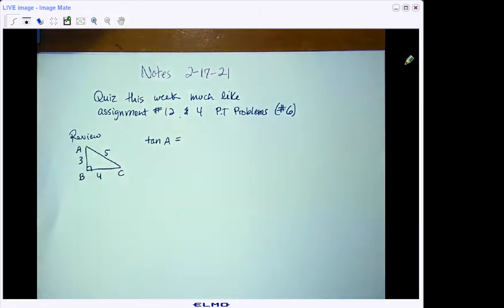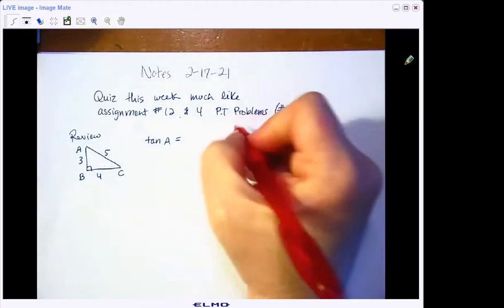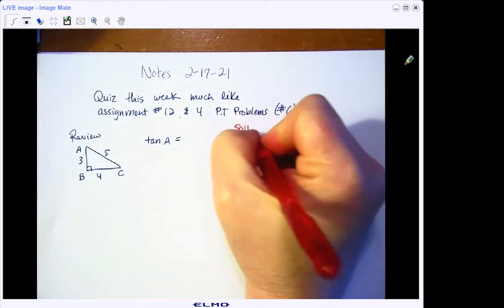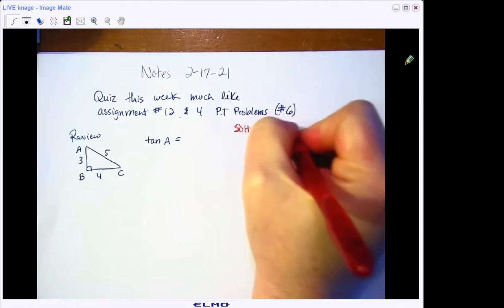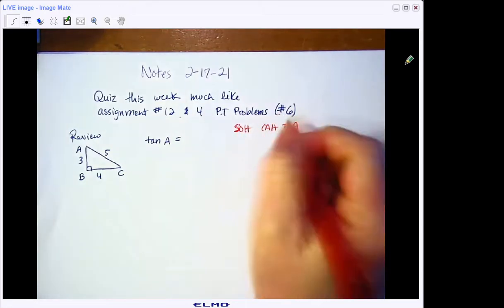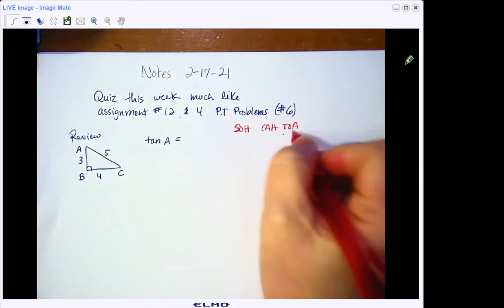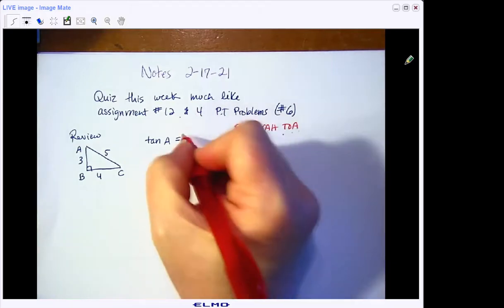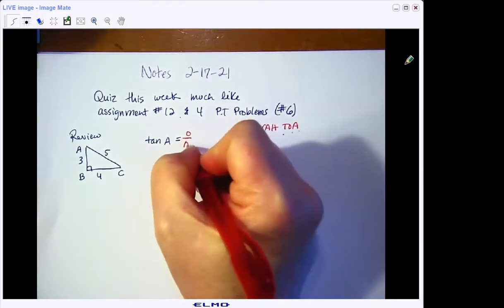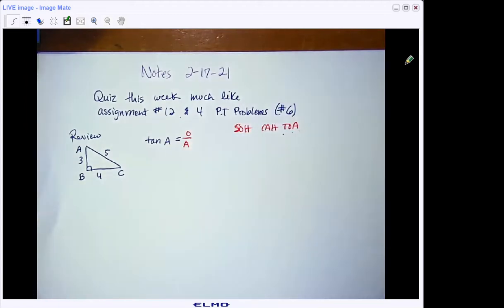Okay. So I want the tangent of A. Remember your TOA, tangent is opposite over adjacent. All I'm looking for is the ratio.